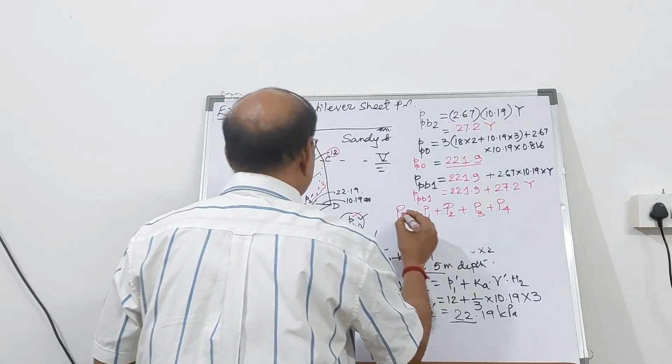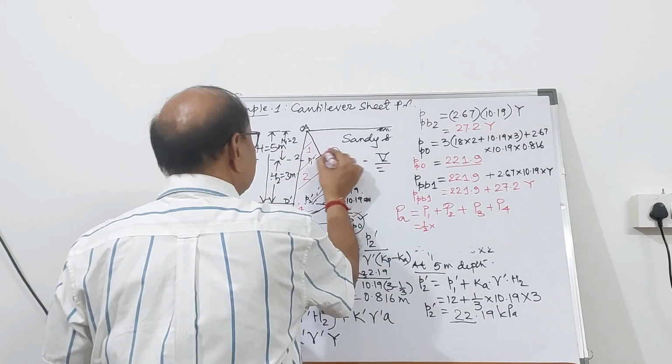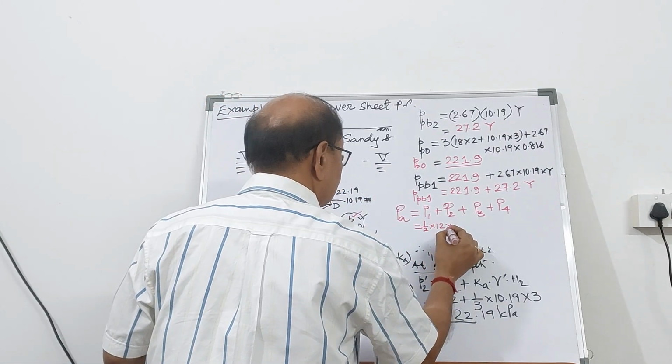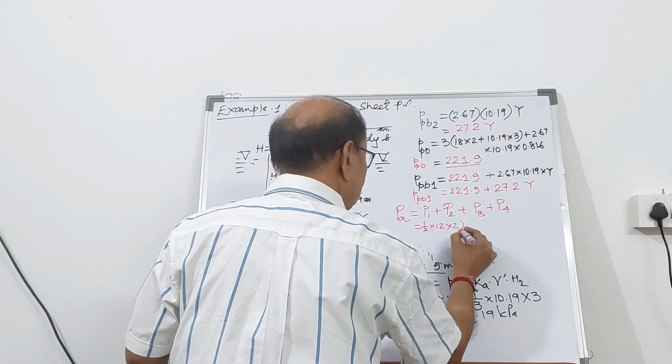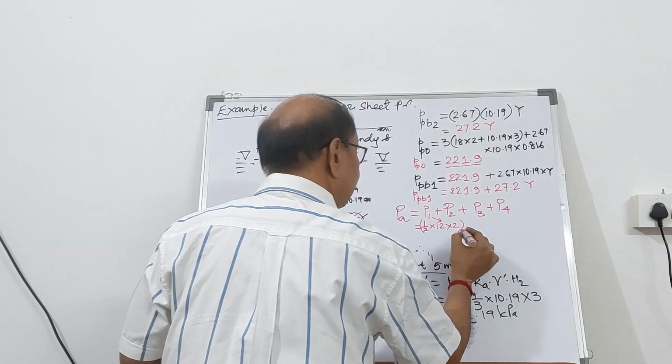This P1 will be half into base, 12, into height, 2. So you can calculate P1.